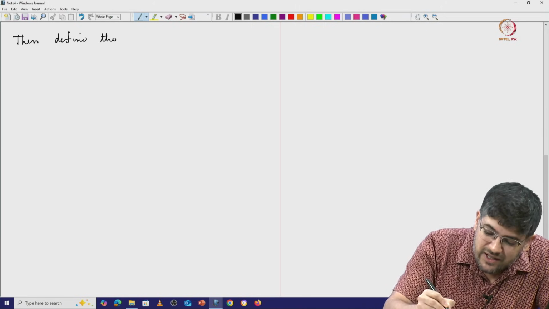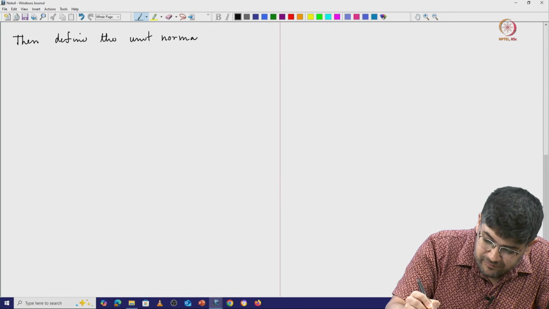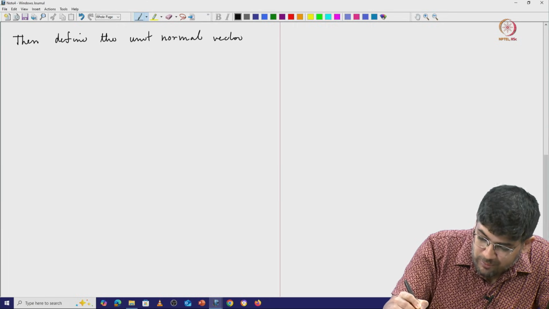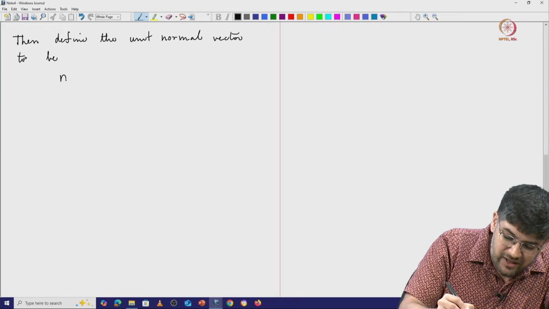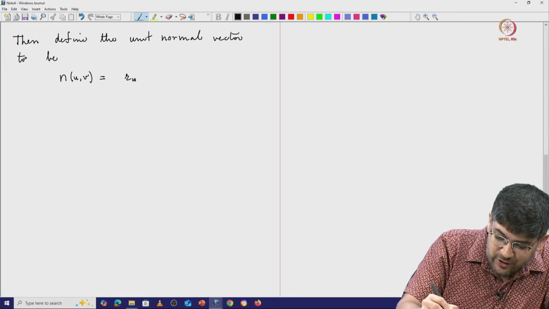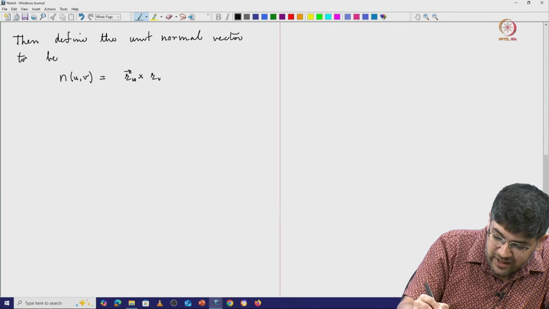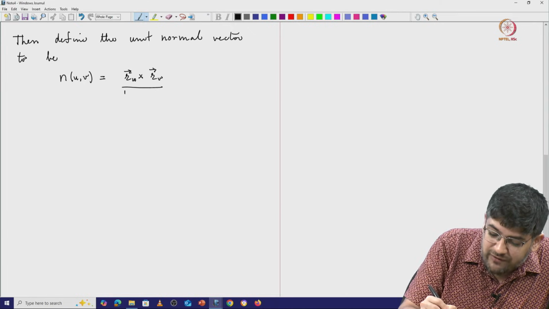So define the unit normal vector, which I will call n at u comma v, to be precisely the cross product of Ru and Rv, and of course this cross product may not be a unit vector, so you need to divide by the norm.